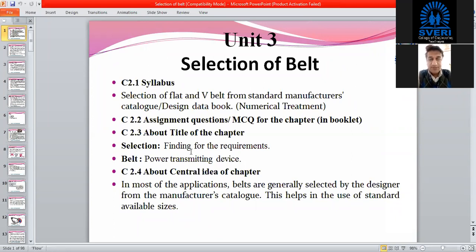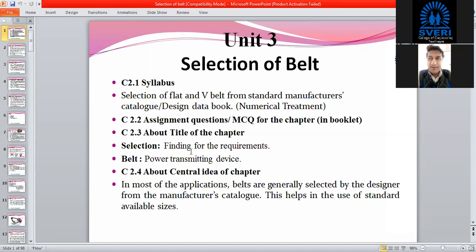For example, suppose you go to any hardware shop and ask for a belt. He is going to ask you which type first, and later on he is going to ask what the number of the belt is. So that number we should be able to read. What that number means, and exactly based on what we give numbering to that belt, and how we are going to choose the particular belt.